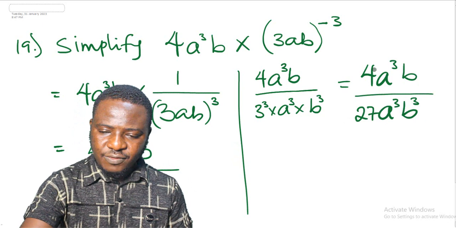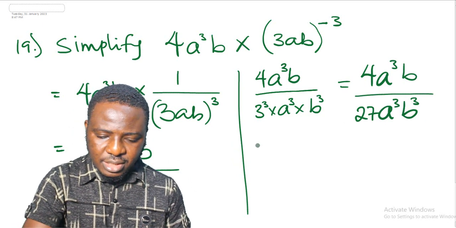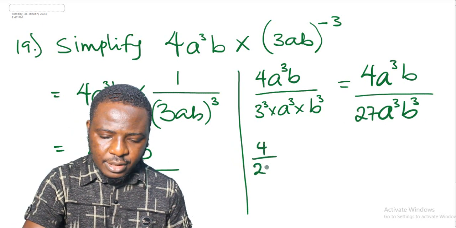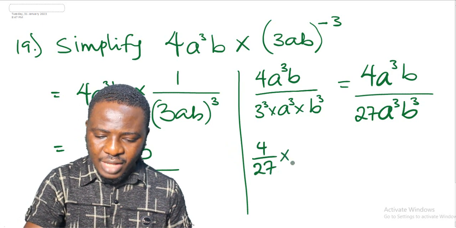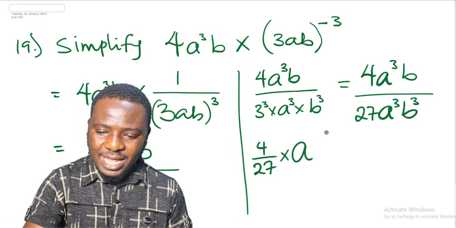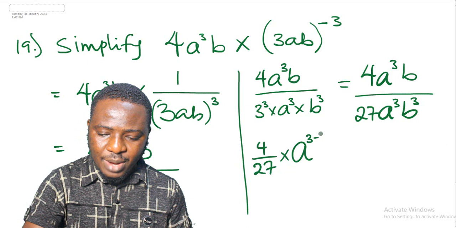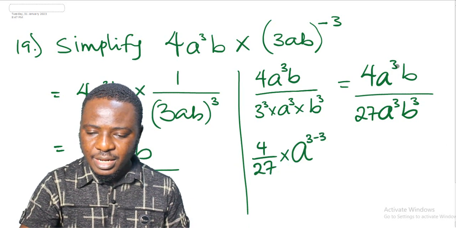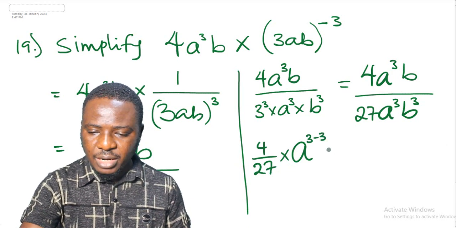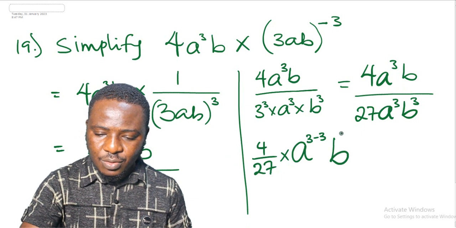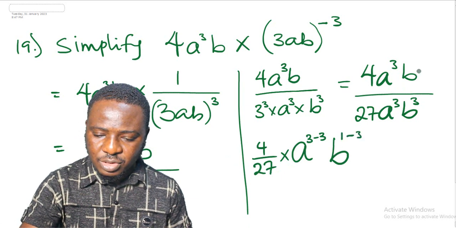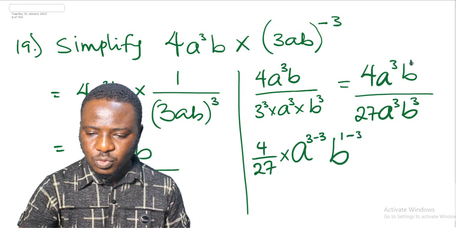So let's divide the powers. This becomes 4 divided by 27 times a to the power 3 minus 3, because if it's division you subtract the powers, b raised to the power of 1 minus 3, because the power of b at the numerator is 1.